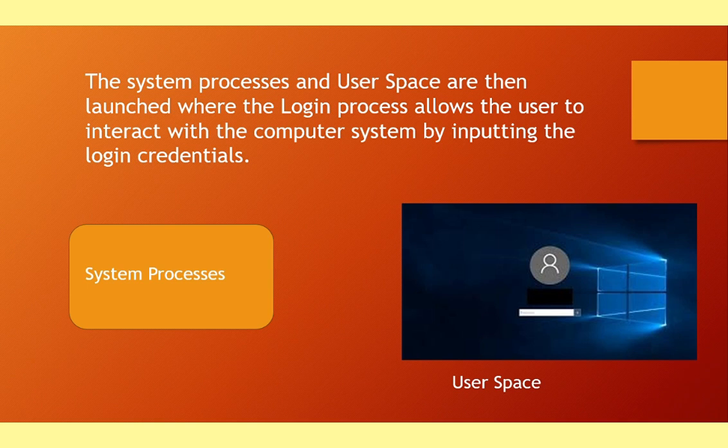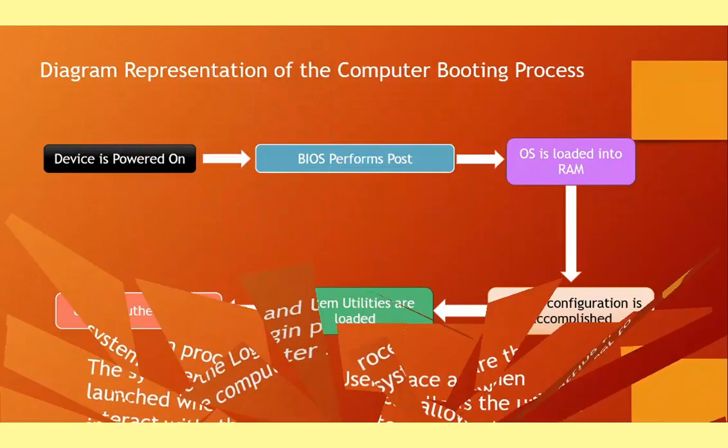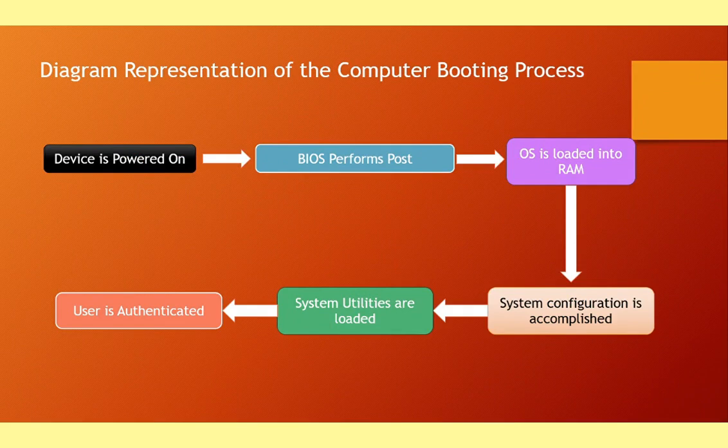Now, let us look at a diagram representation of the booting process. We have said that once the device is powered on, the BIOS performs POST, checking whether all the computer components are working properly, and then the operating system is loaded into the random access memory.